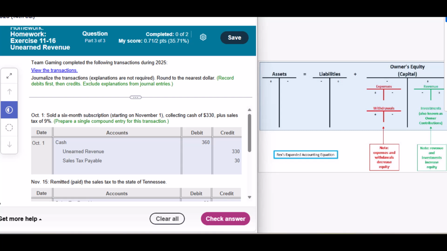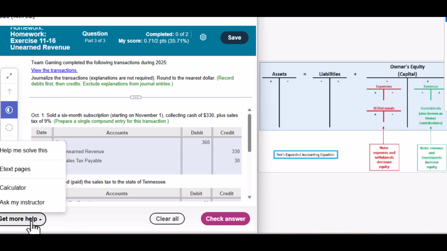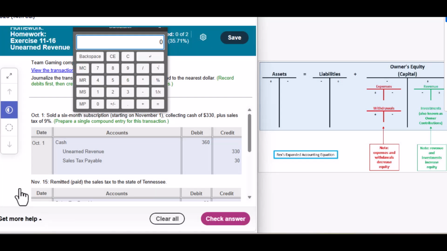So let's figure out what that amount is then. We'll go ahead and pop open our calculator. And so 330, we're going to divide it by the 6-month subscription. So for each of the 6 issues, that amount is $55.